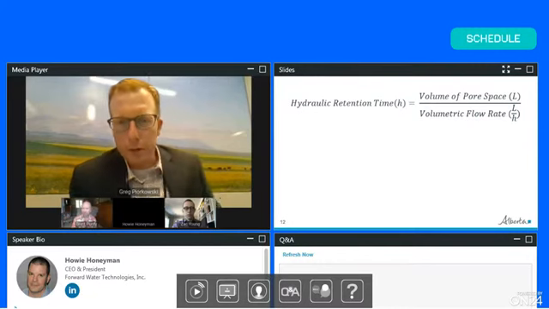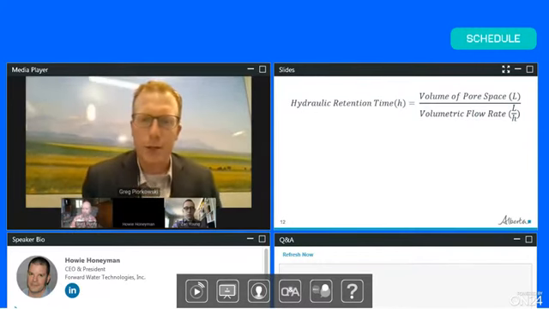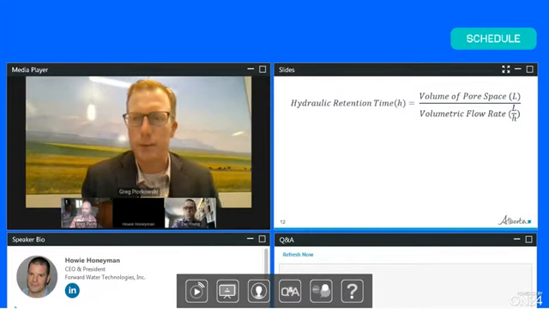I just very briefly want to go through the implications of this, or what hydraulic retention time is: basically the volume of pore space, or the volume of the reactor, divided by the flow rate. For our pilot systems, all of the bioreactors, as you probably saw, were about the same size.